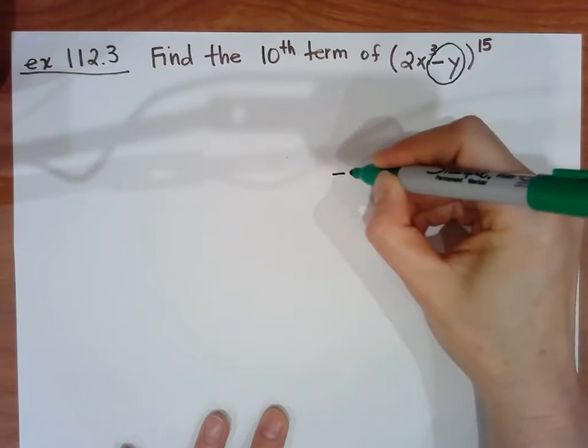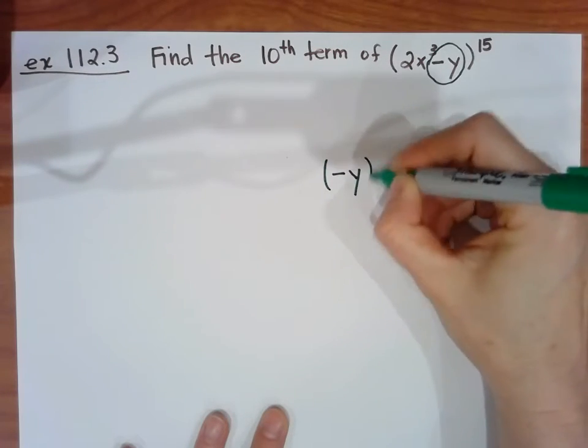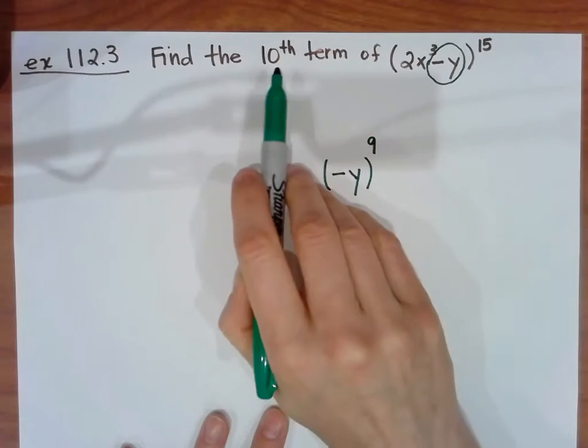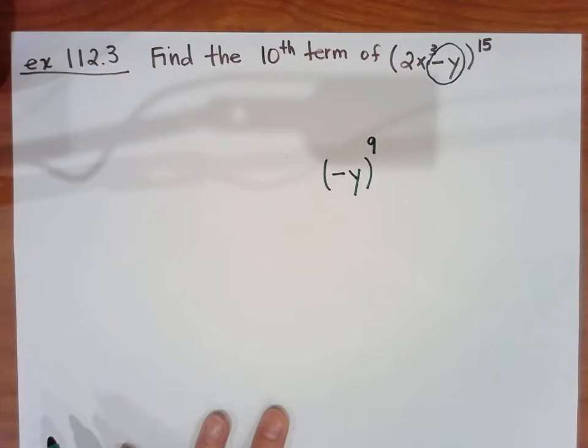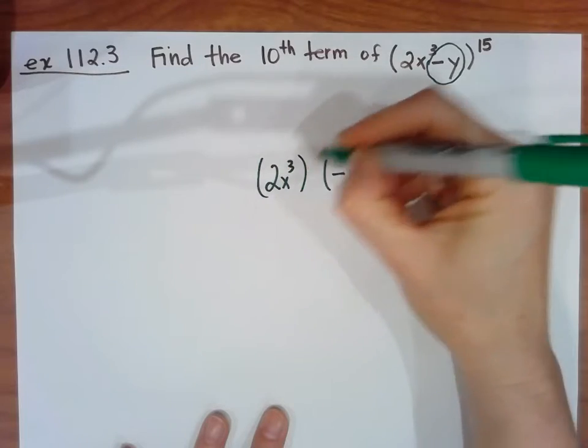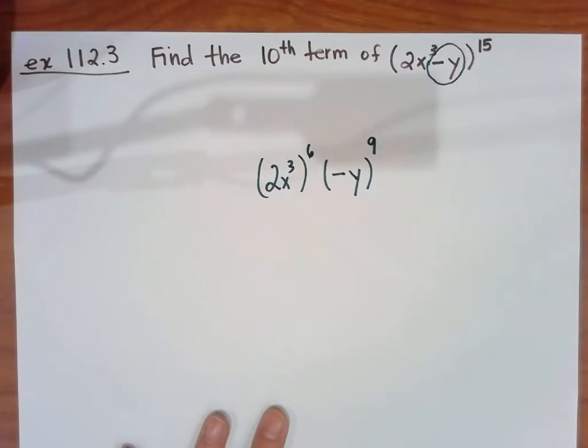So we're going to have a minus y, and that will be raised to the 9th power because it'll be 1 less than 10. And then 9 plus 6 is 15, so the 2x cubed, that first term, is going to be raised to the 6th power. Just make sure those add up to 15.